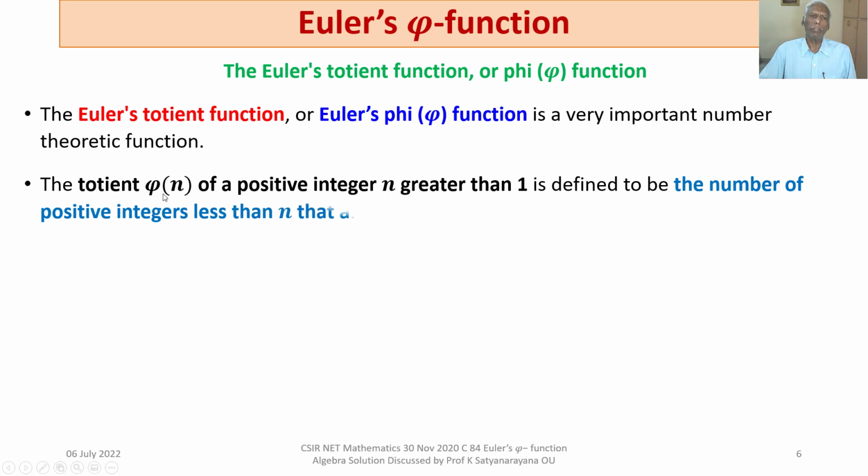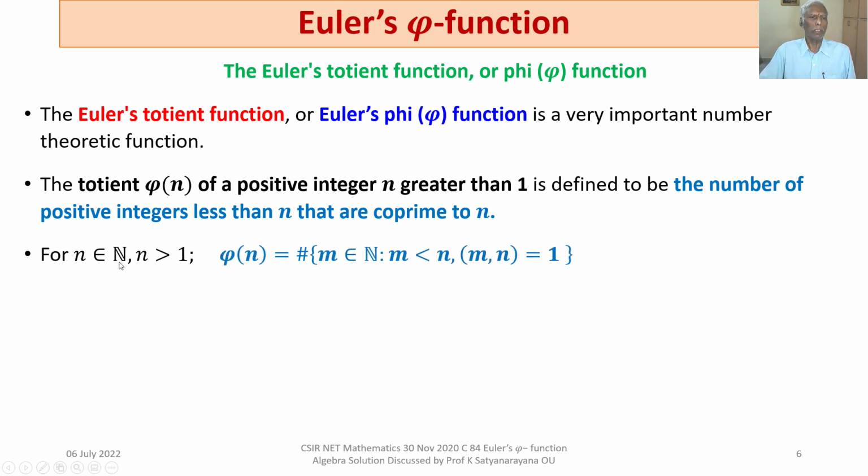The totient phi of n of a positive integer n greater than 1 is defined to be the number of positive integers less than n that are co-prime to n, that are relatively prime to n.